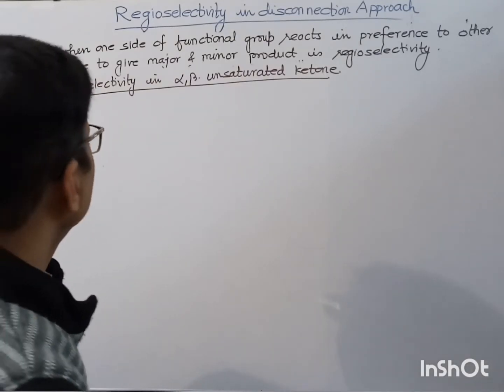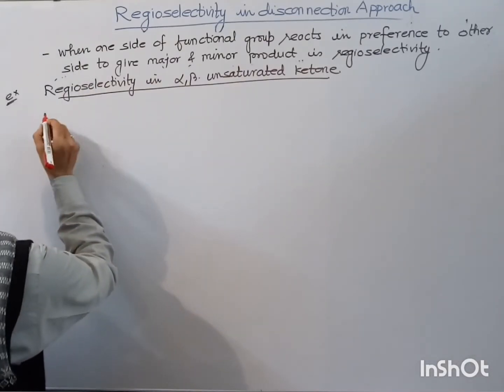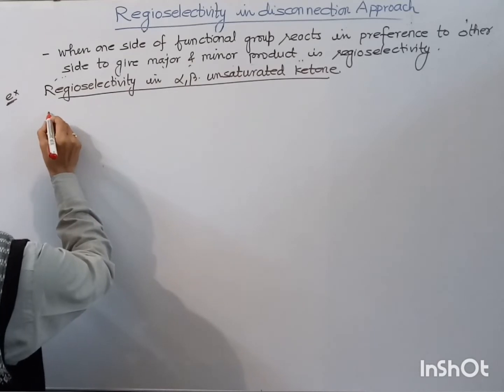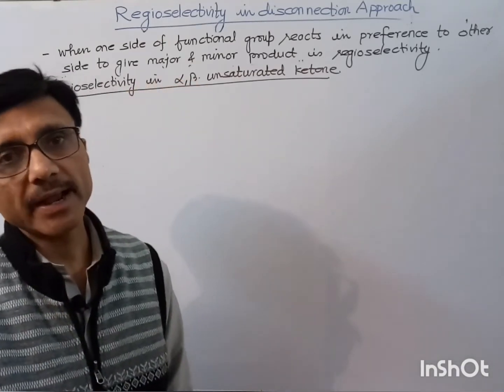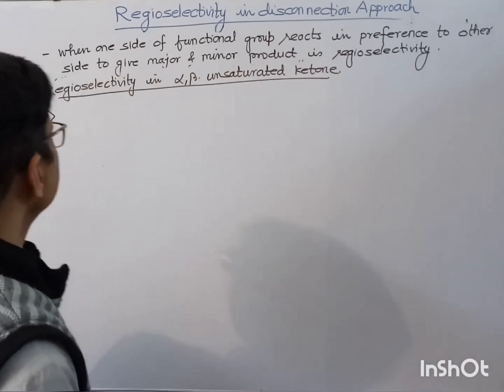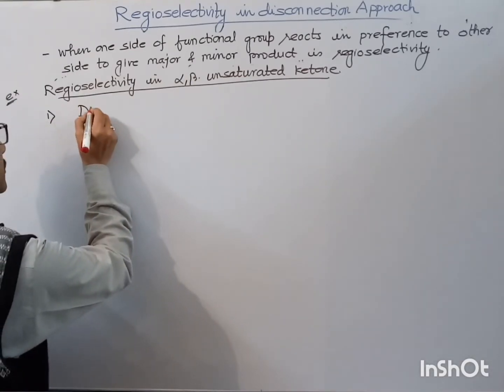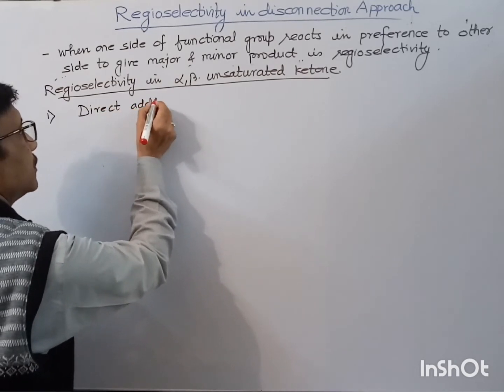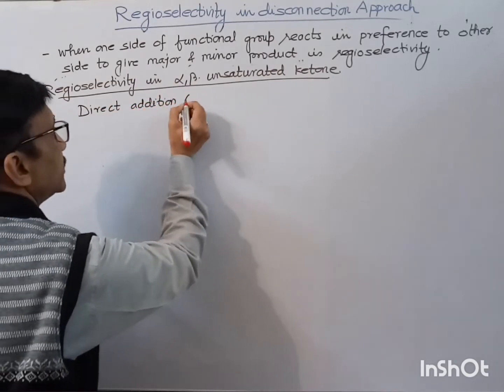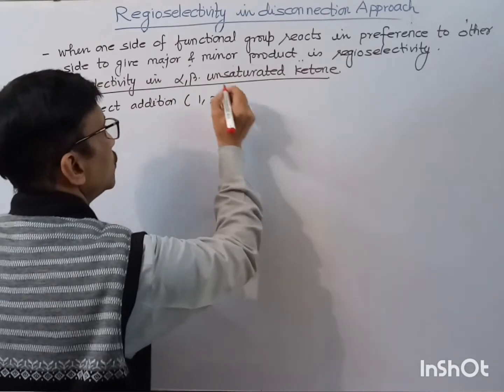Okay, so if I take one of the examples, in this case the nucleophile on this alpha beta unsaturated ketone can add in two ways. One is the direct addition, or it is also called the 1,2 addition.